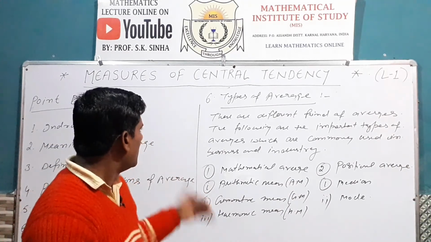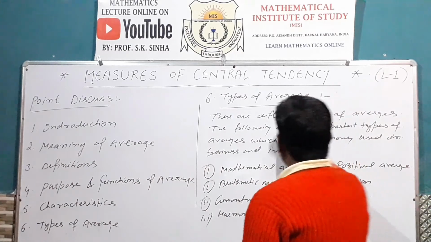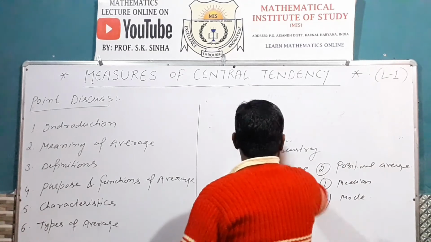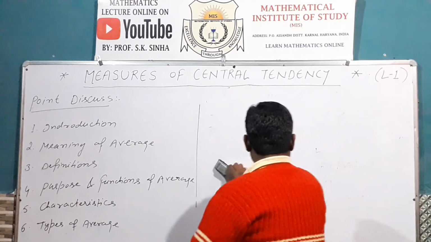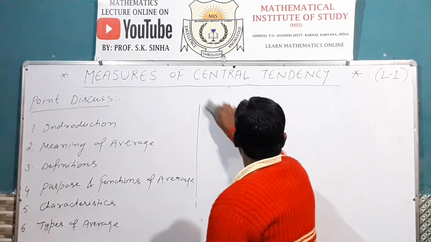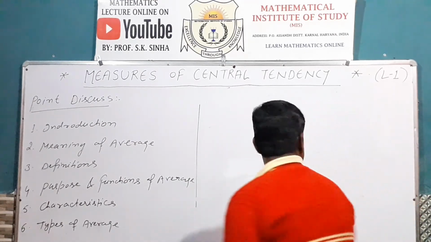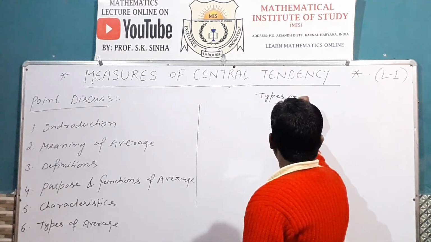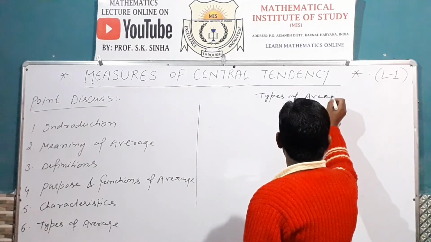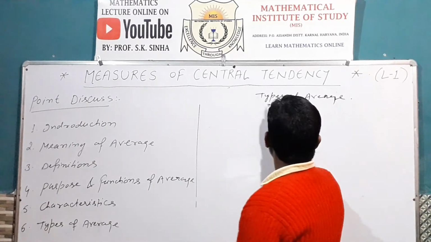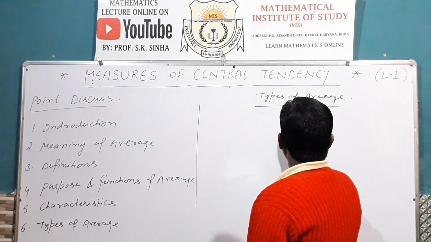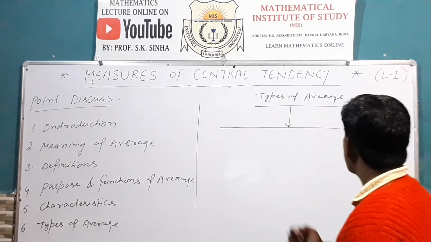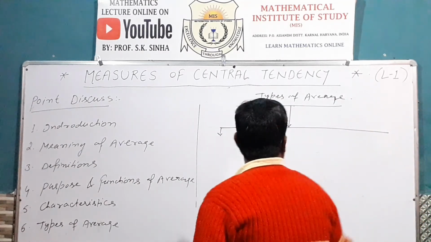Now we will draw a chart of these averages. Look, friends. First of all, types of average: there are two types.